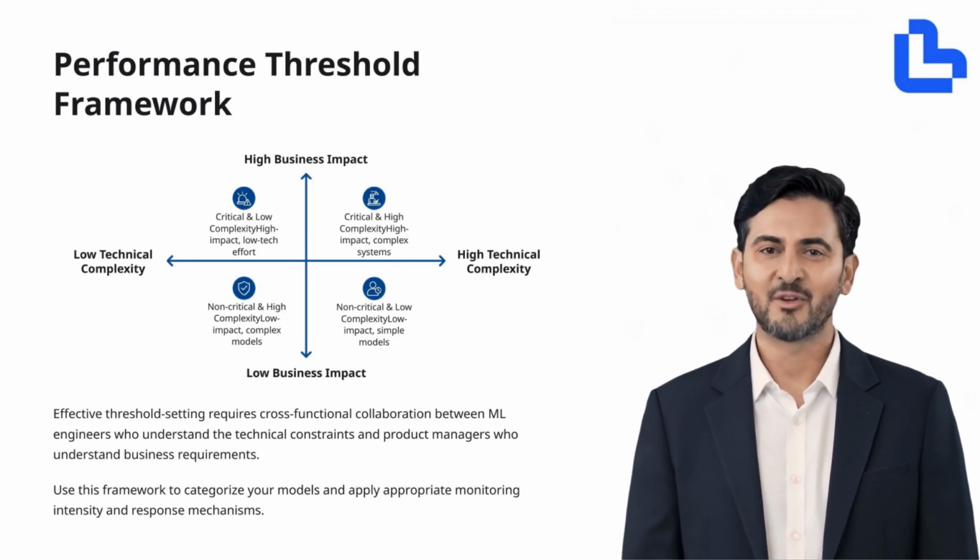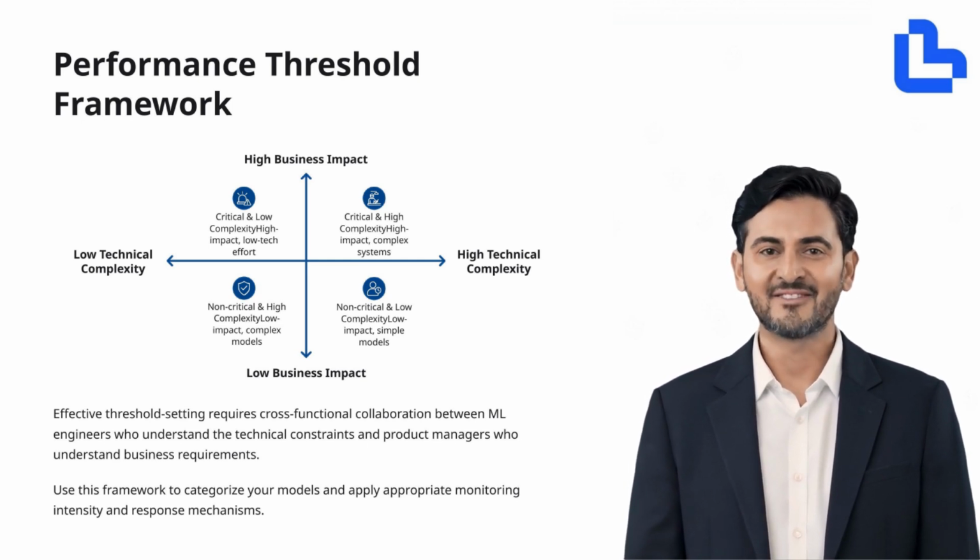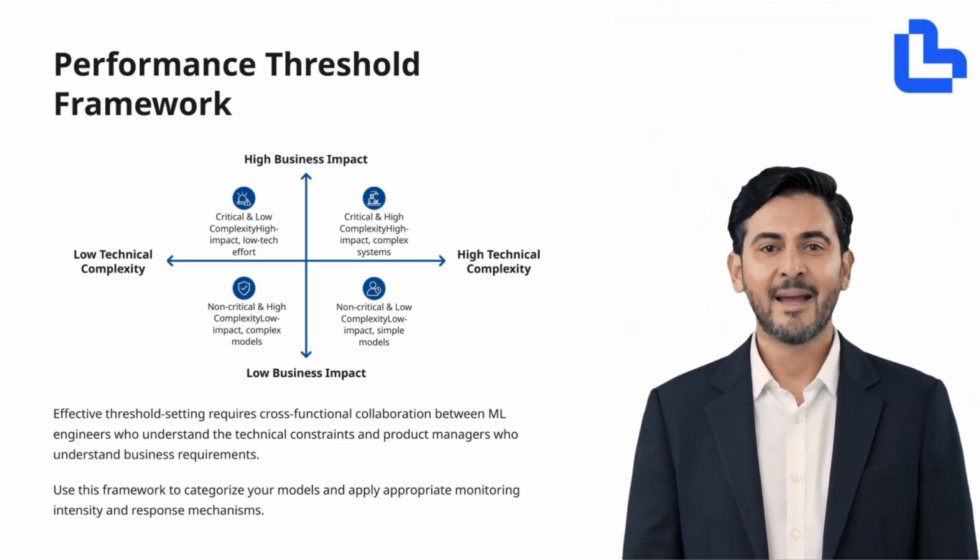These could be experimental models or research prototypes. While they're technically sophisticated, their business impact is limited, so you can afford to be more flexible with thresholds and monitoring intensity.